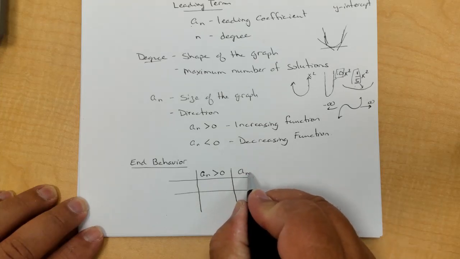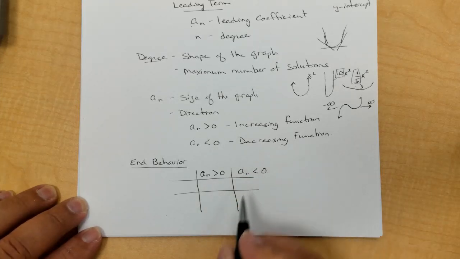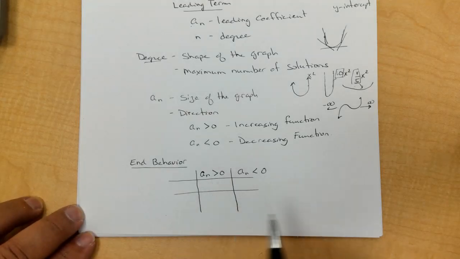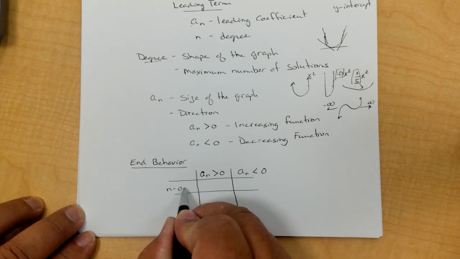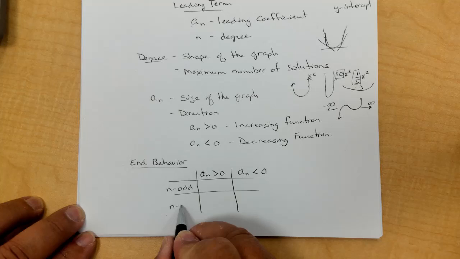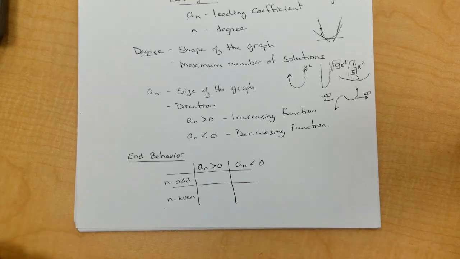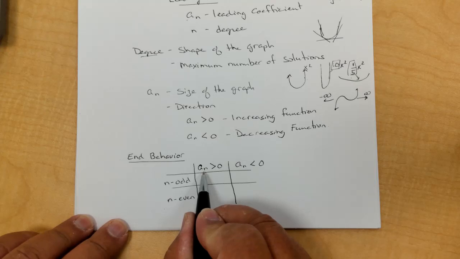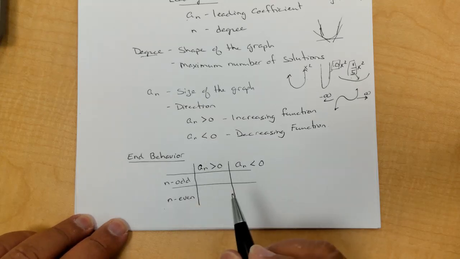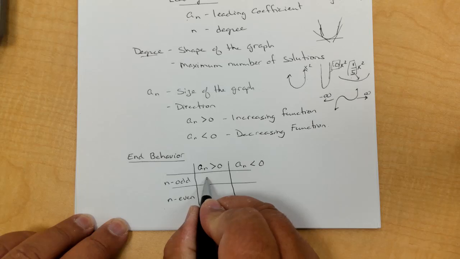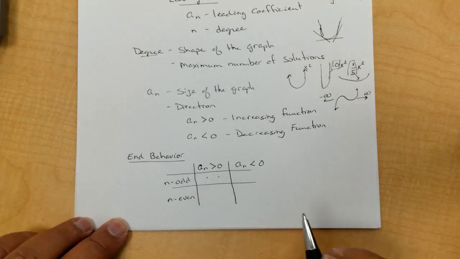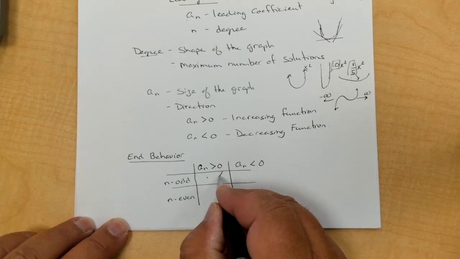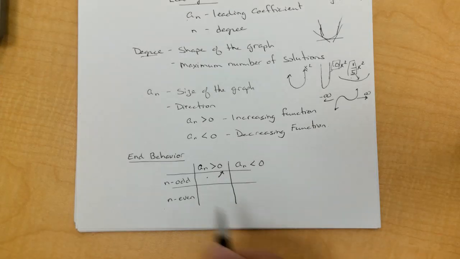First column will be the leading coefficient, whether it is positive or negative. Then whether the degree is odd or even. If the leading coefficient is positive, the only thing we know is that it goes up on the right-hand side.